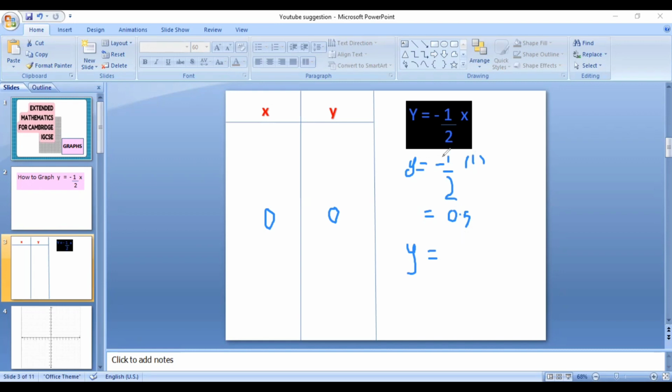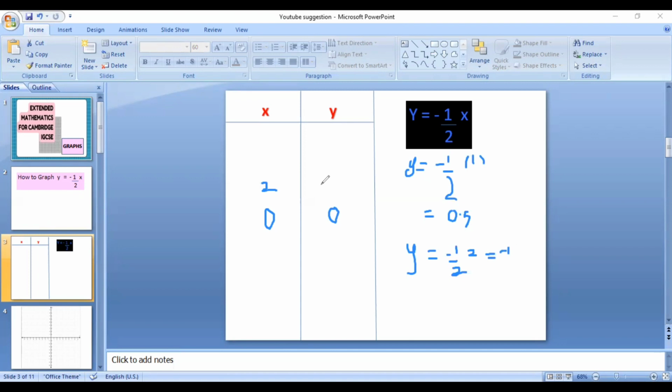For that, I will consider the number 2 on the x-axis. As I plug in 2, I get minus 1.